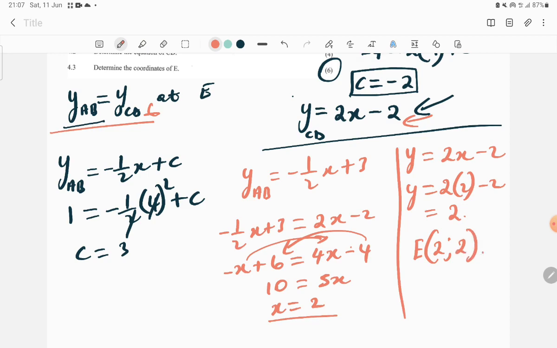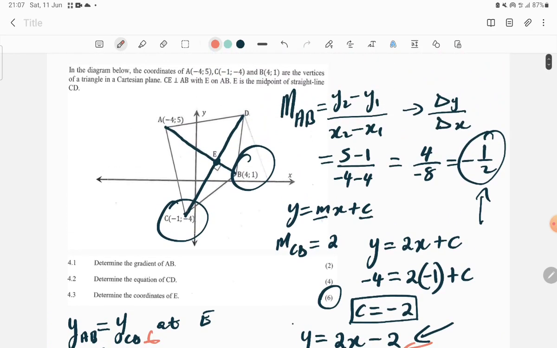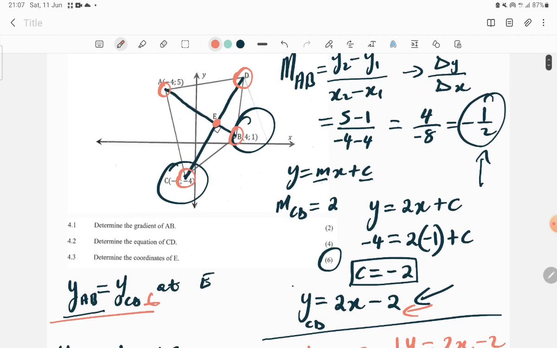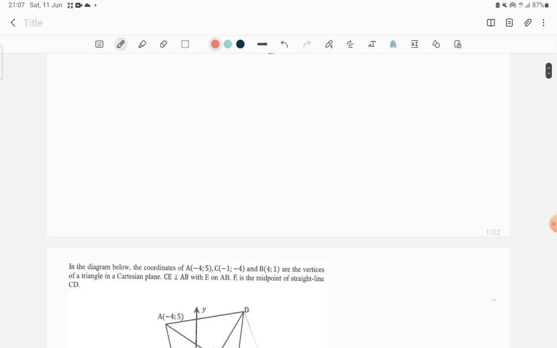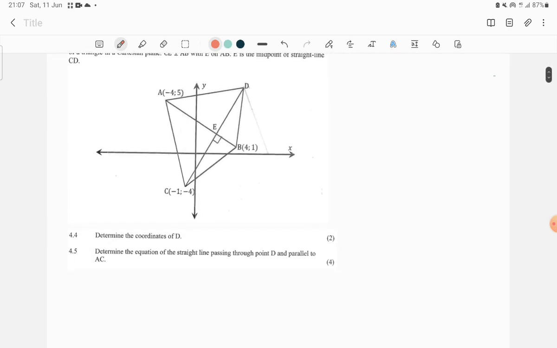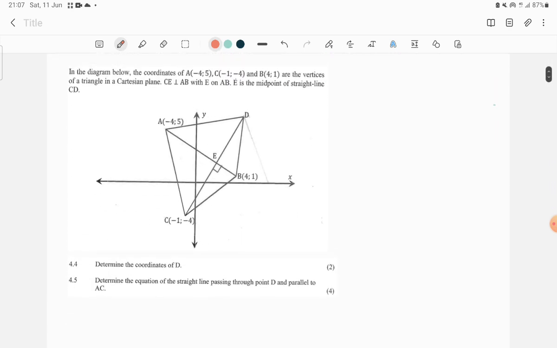So the idea was to equate the equation of AB and the equation of CD, because at E these lines are equal to each other. Then moving to the next question.